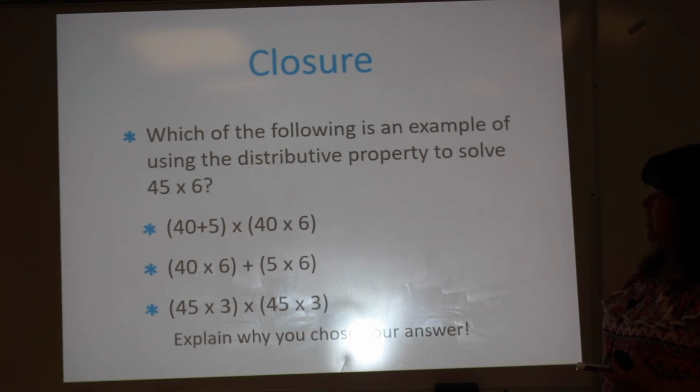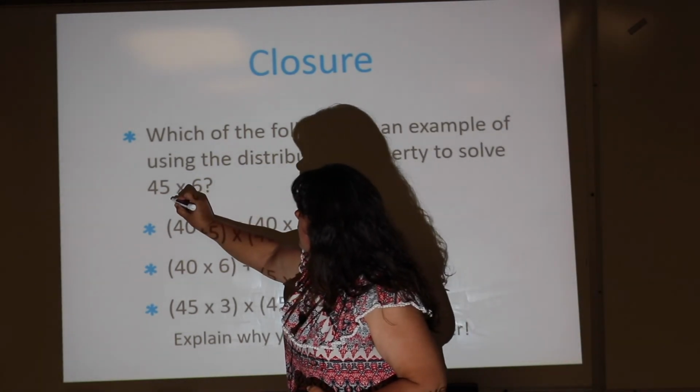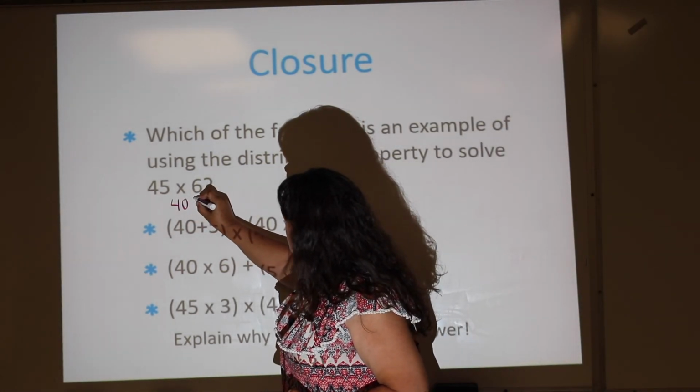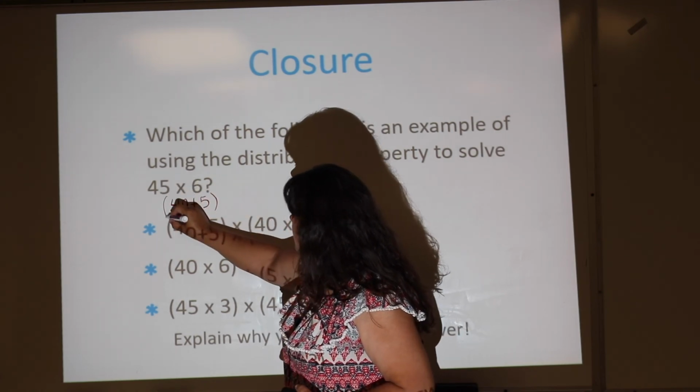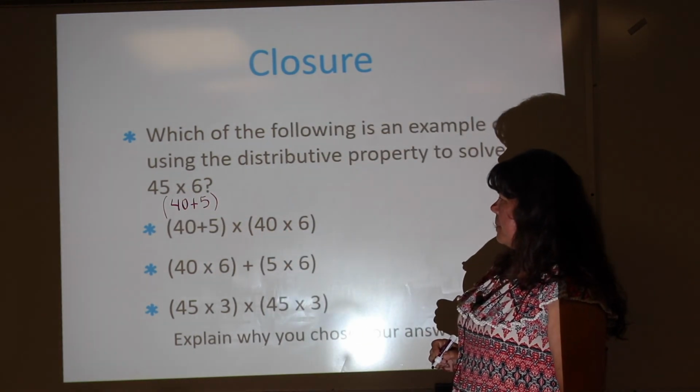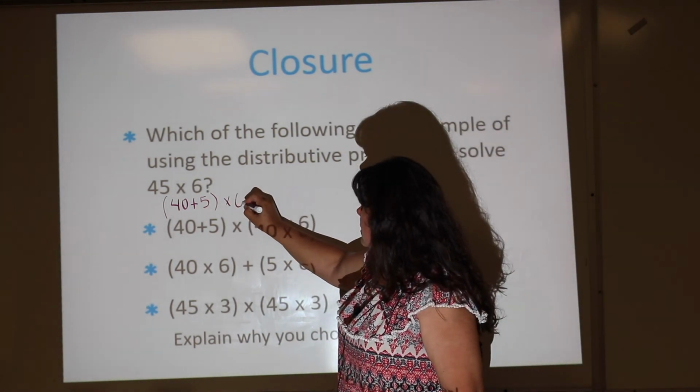Think about how you would take 45 and you would break 45 up by using place value and where you would put that. So hopefully you're already thinking, well, I would take my 45 and make it 40 plus 5. Do you see one of those somewhere? And then I would have my times 6.